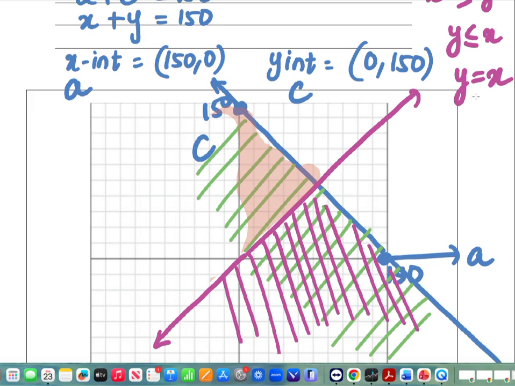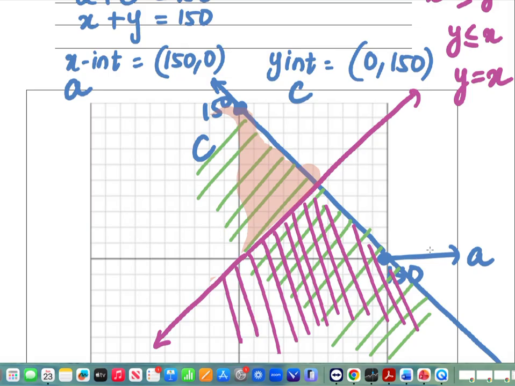Now the second line, y equals x, is a line that passes through the origin. And they are saying that y is less than or equal to x. So I would shade below it, the pink shade right here. The intersection or overlapping region is right here.